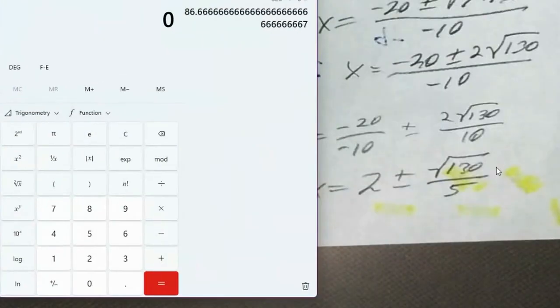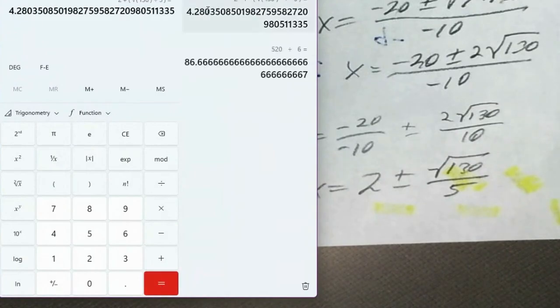2 plus the square root of 130 over 5. Let's see if it's the same number. 2 plus parentheses the square root of 130 divided by 5 parentheses. So ours is 4.28.